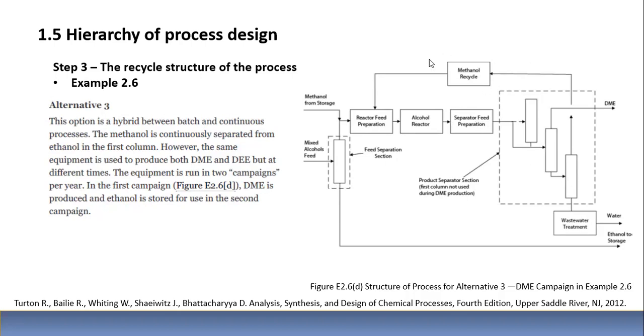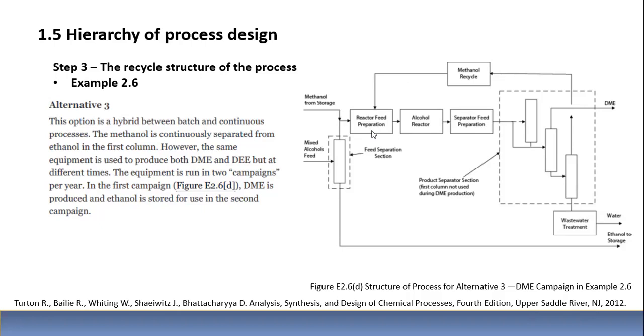Es decir, se está usando la planta para los dos propósitos, pero en campañas diferentes. La primera campaña se usa la planta para la reacción de metanol y se almacena todo el etanol. Y en la segunda campaña se lo utiliza para la reacción de etanol y se almacena el metanol. Sí, son dos campañas diferentes para que los reactivos y productos no se mezclen todos.